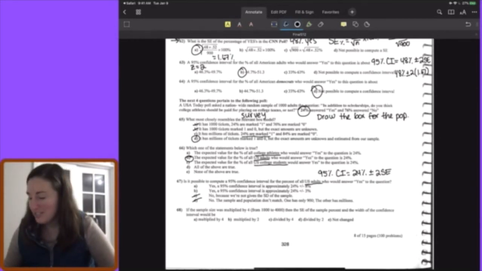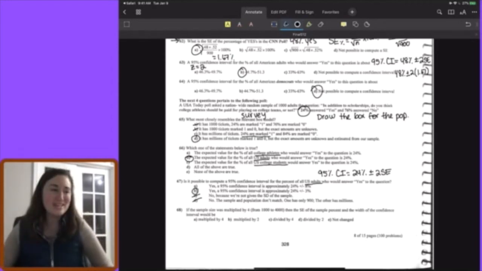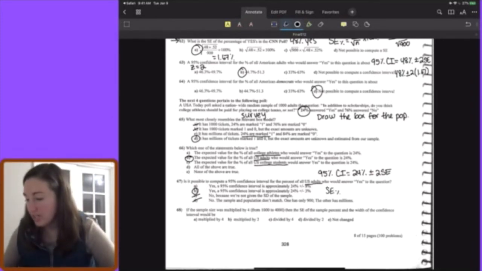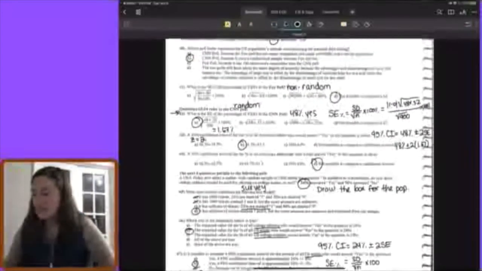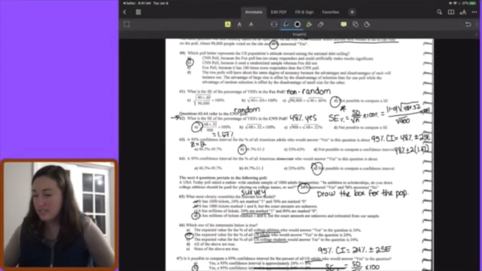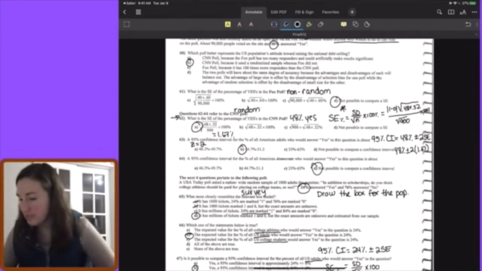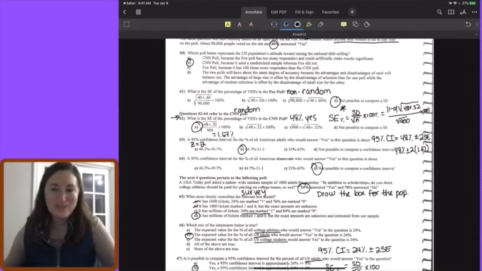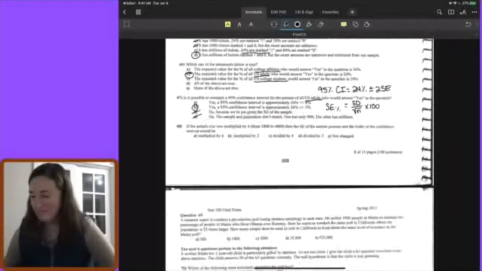But to be honest, that is probably going to take a while, so I'm just going to tell you guys this should be B. To find the standard error, we can just use the standard error for the percent formula, which is SD over square root of n times 100. Kind of exactly like we did up here in question 62. We do the same thing. So that's how you do that.